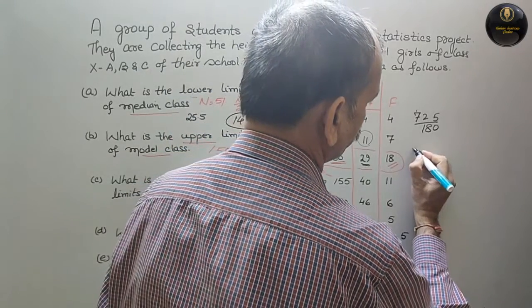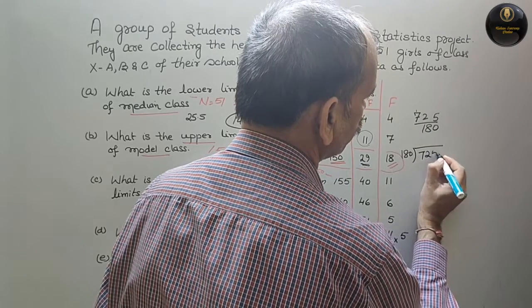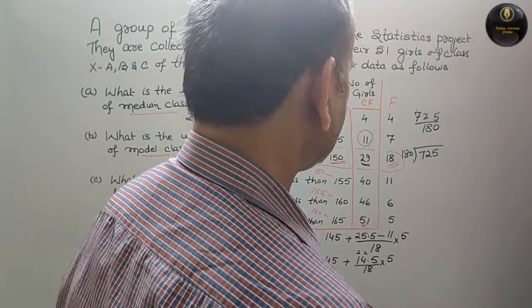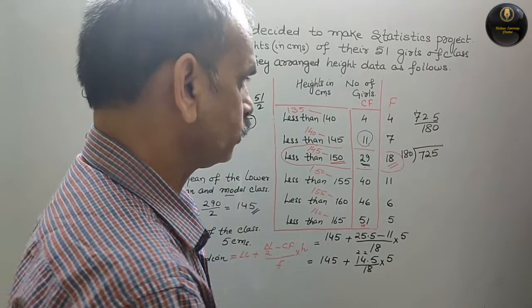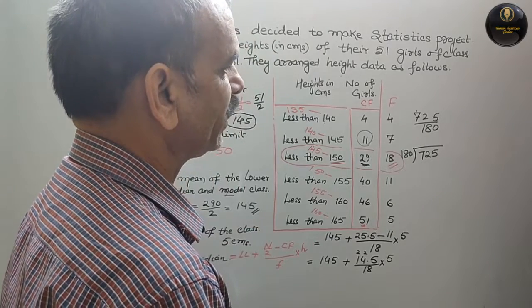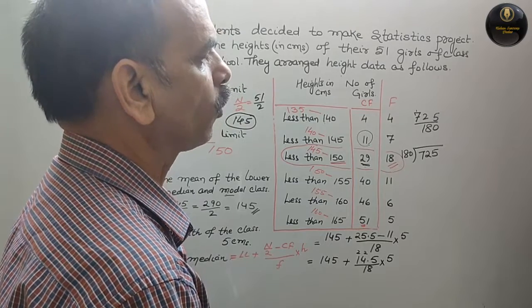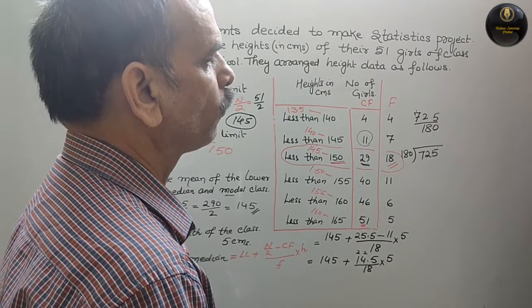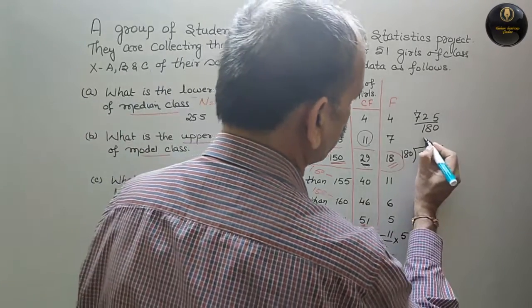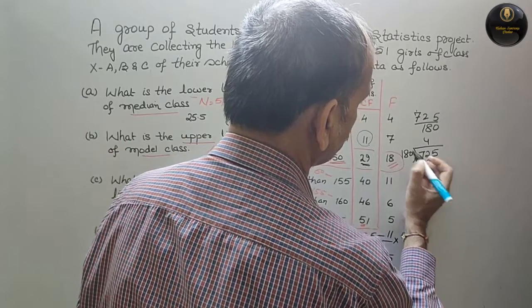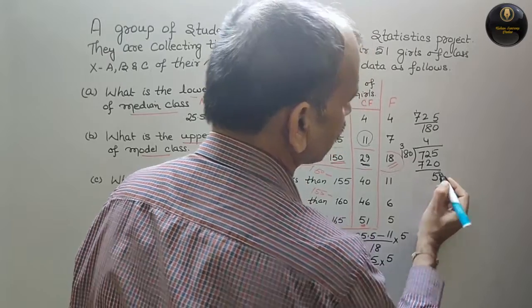What it will be? 180 and here is 725. So we can say it will go at around 4 times. 4 times 32, then here it comes 5.